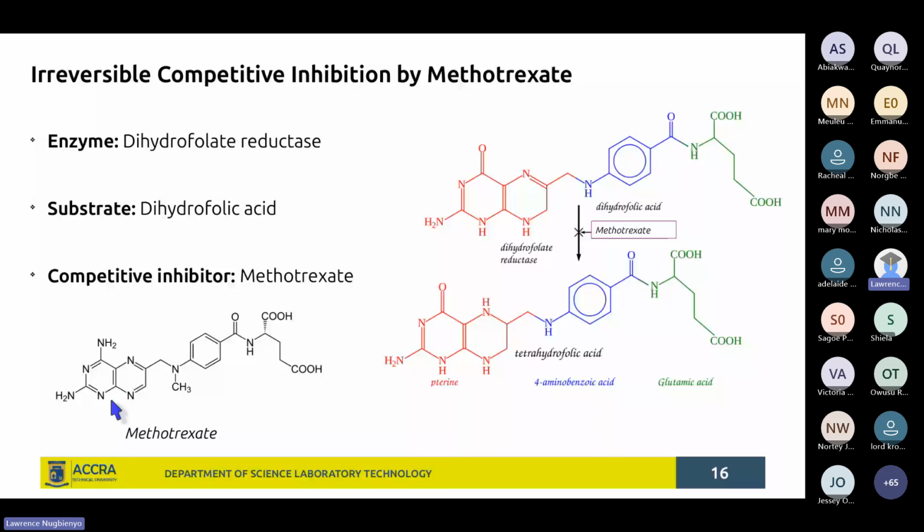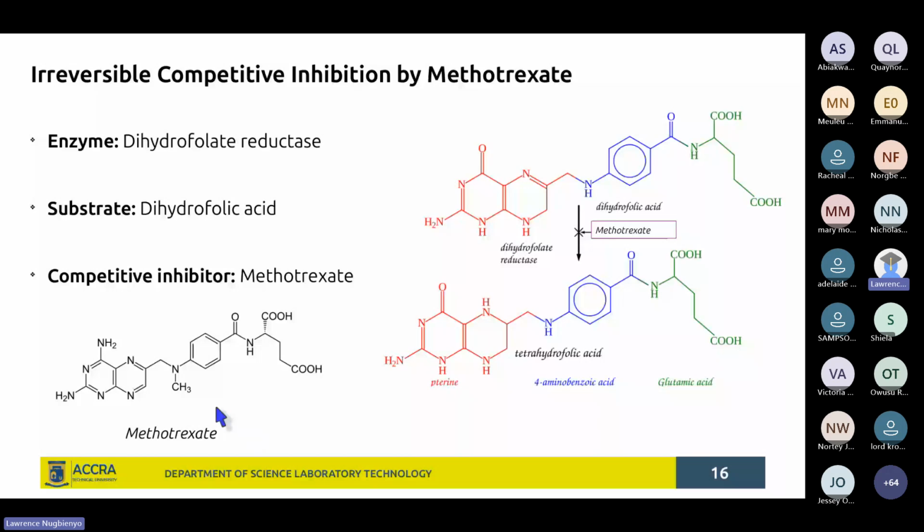So you have these differences in the molecule, but you can see that methotrexate has much more similarity than trimethoprim, what we just looked at, which means methotrexate will be much more specific to the inhibition of these dihydrofolate reductase.